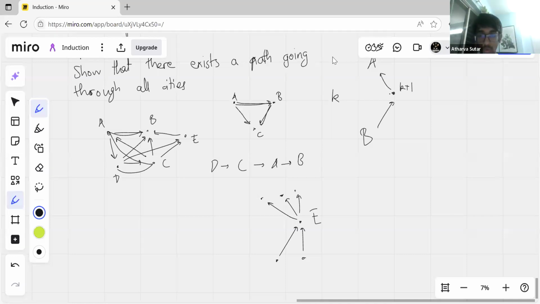So you can split these cities into two separate groups. Now we have assumed that it is true for all integers up to k, no matter what k is, which for example here is like n equals 6. So we know that it will hold for all groups of 1, 2, 3, 4, 5 cities, right? Do you get this part?